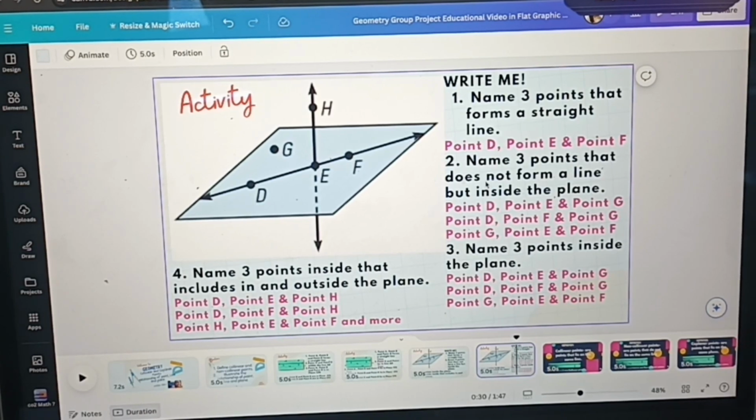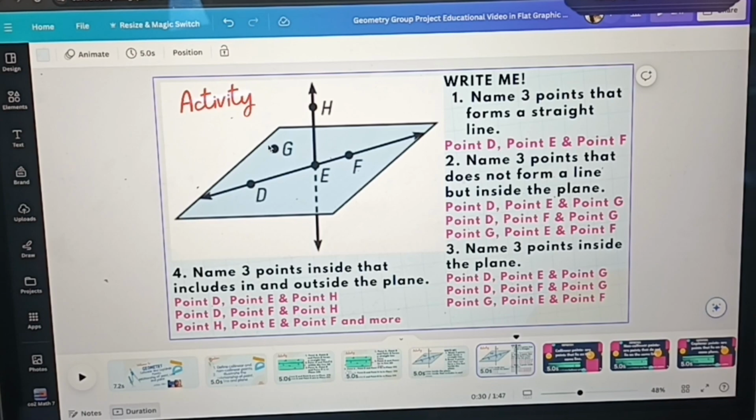Number 2, name 3 points that do not form a line but are inside the plane. Okay, we have a lot of answers here. Example, we have point D, point E, and point G, which are points located inside your plane but do not form a straight line.